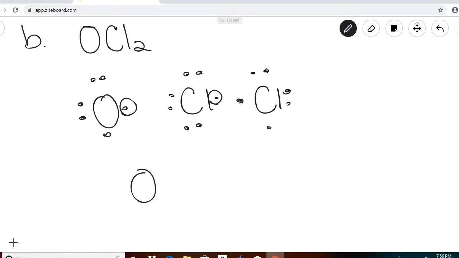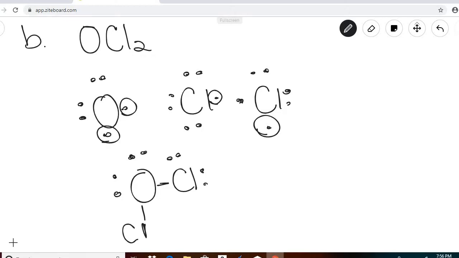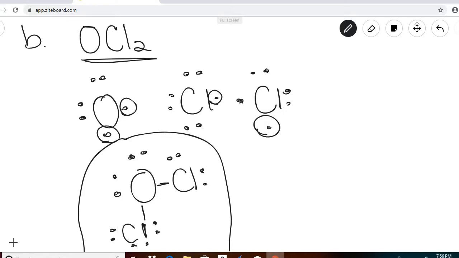So we'd have the oxygen there sharing that pair of electrons, and then this can share with that. So that would be like that, and then each of them would still have the groups of paired electrons that they had on them. Okay, so this would be the Lewis structure then for this molecule.